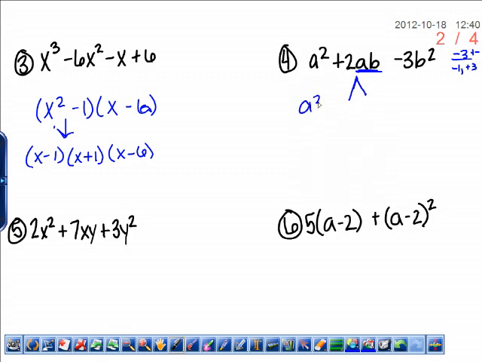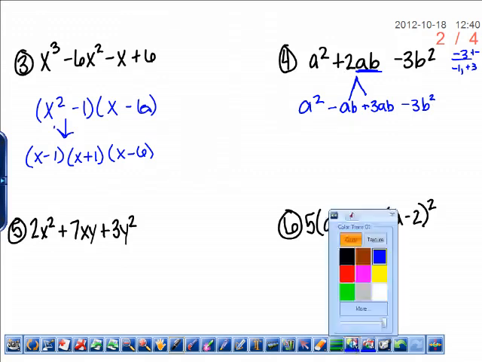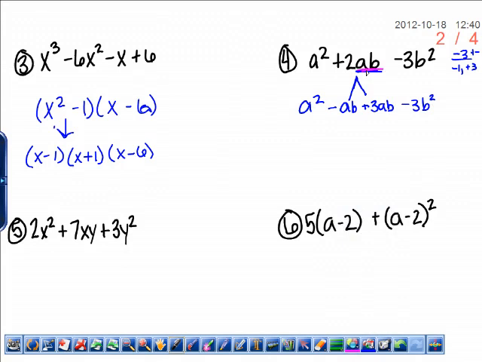So this is a squared minus 1ab plus 3ab minus 3b squared. If I combine these middle terms, do I get back to 2ab? Yeah. So no rules have been broken. I just noticed that whatever the variable of the middle term is, that's the variable when I split it.